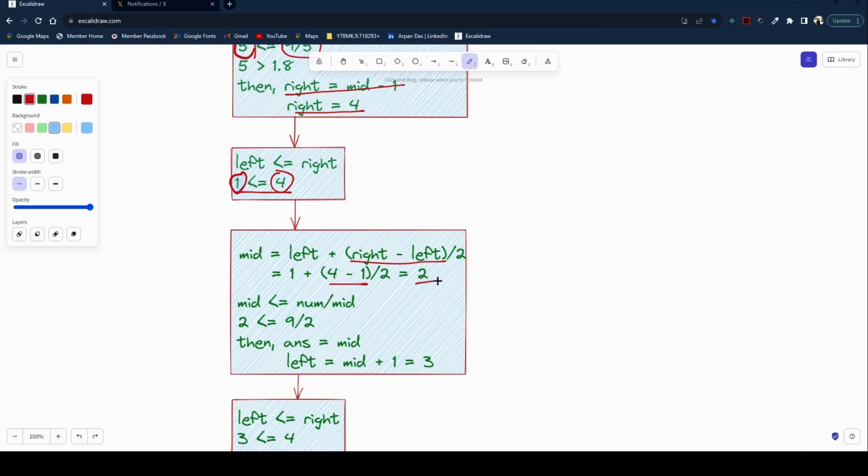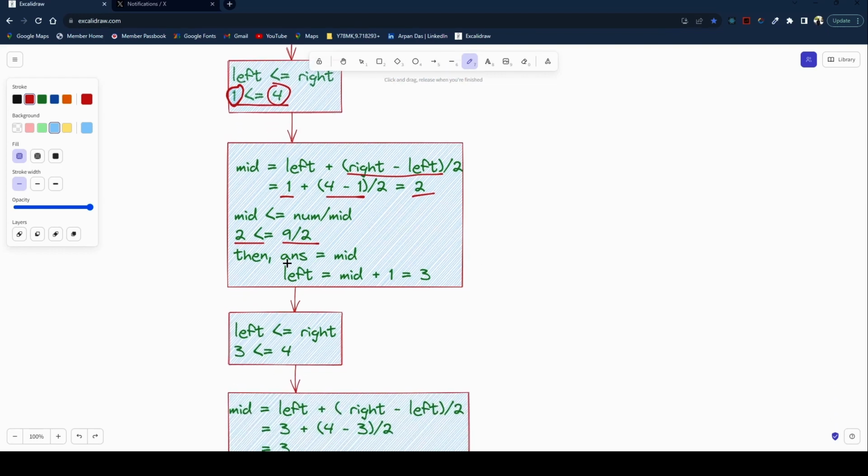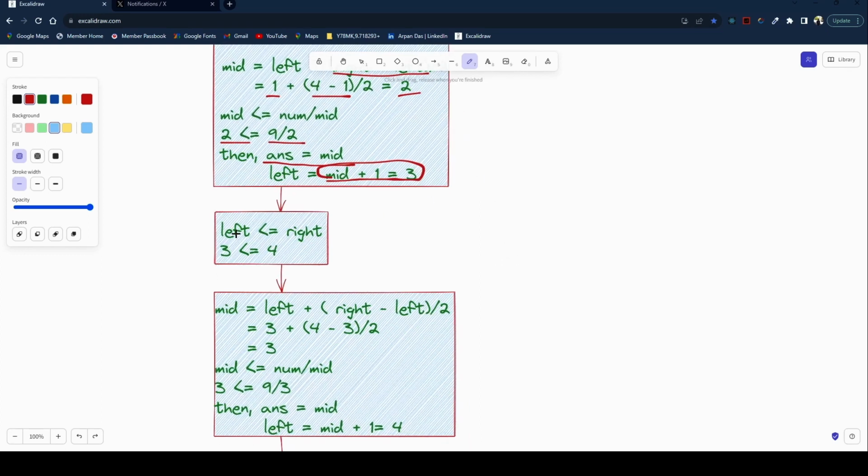Then check if mid is smaller than num divided by mid. Yes, 2 is smaller than 4.5. Then answer equals mid, and left equals mid plus 1, which is 3. Then we move to the next iteration.